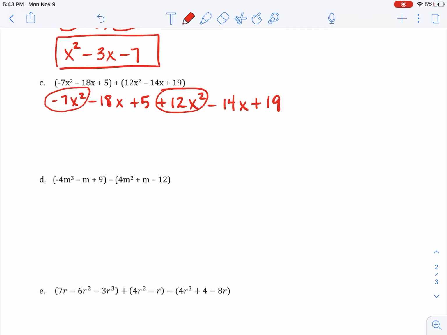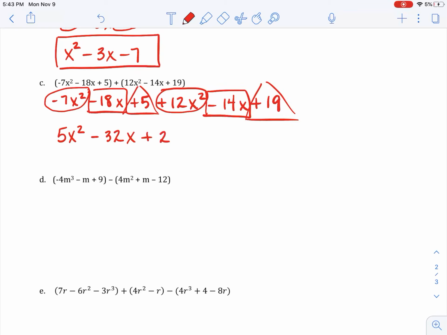If I add those two up, I get a positive 5x squared. Next, I have a negative 18x and a negative 14x. If I add those up, I get negative 32x. And then finally, I have a positive 5 and a positive 19. A positive 5 and a positive 19 make a positive 24.